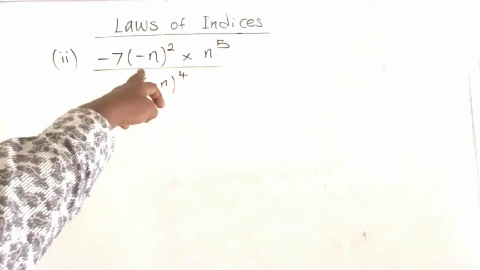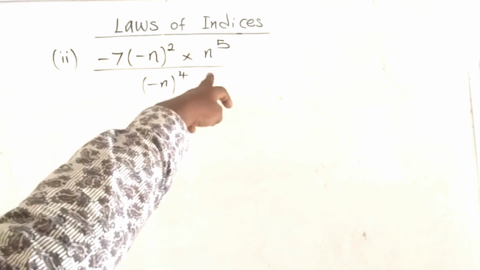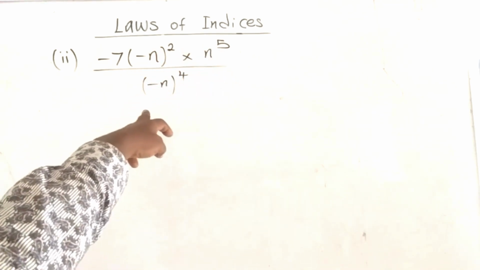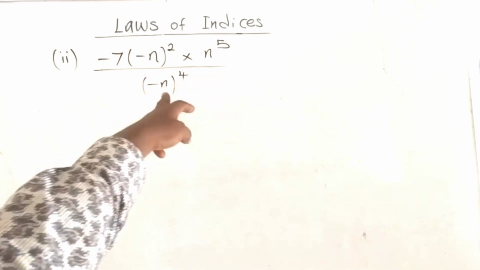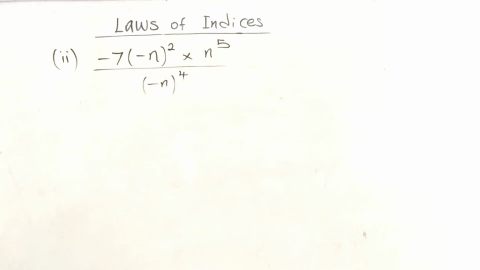Given minus 7 into bracket minus n raised to the power 2 multiplied by n raised to the power 5 divided by minus n raised to the power 4. Start by opening the bracket. So we have minus 7 into bracket.